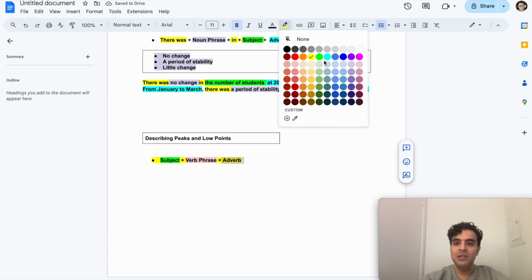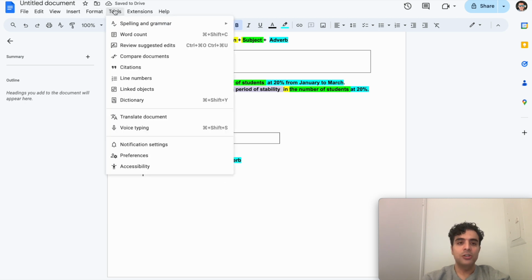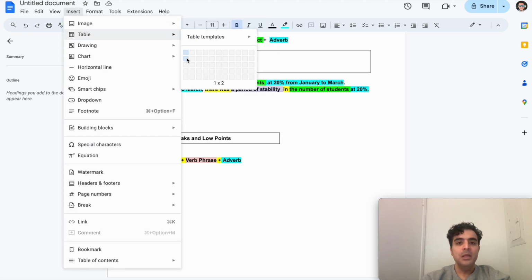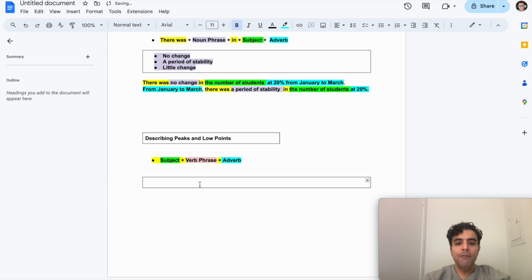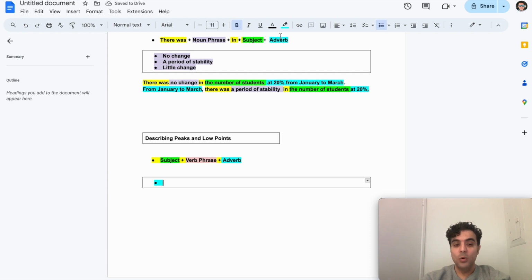Oh, I forgot to mention the blue part. So as you can see, the color coding scheme can help you remember the structures and to use the structures accurately. Okay, so what are the verb phrases that we could use to describe peaks and low points? We actually need to separate these two.